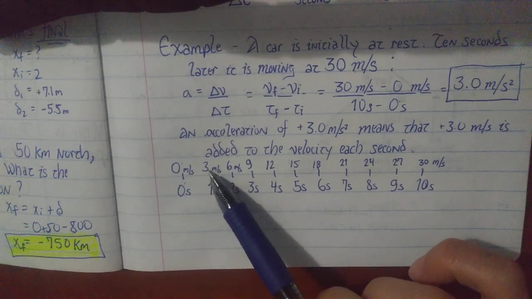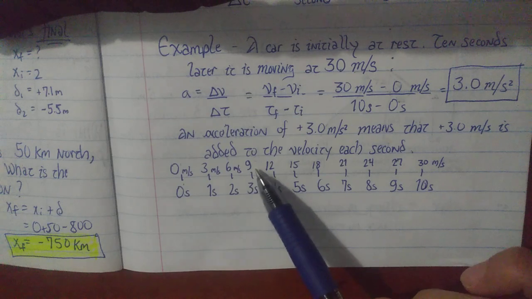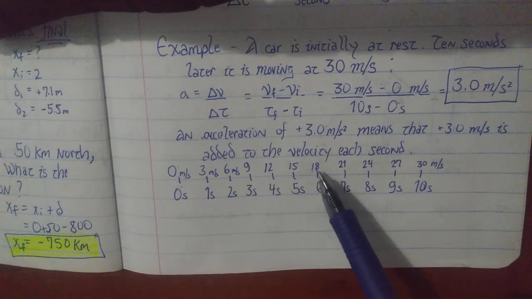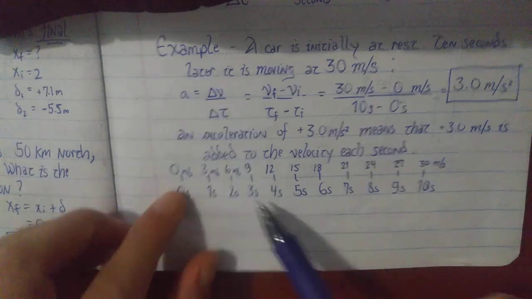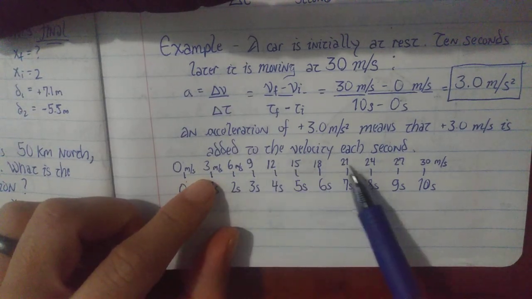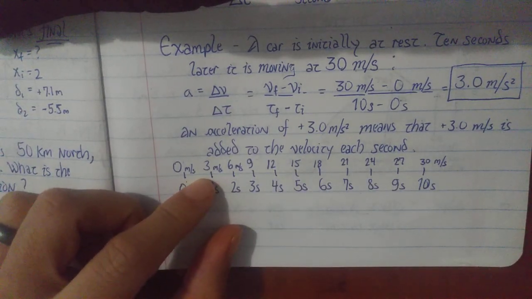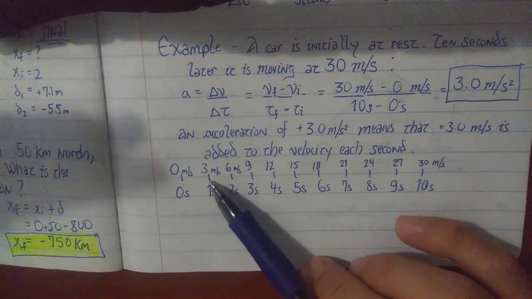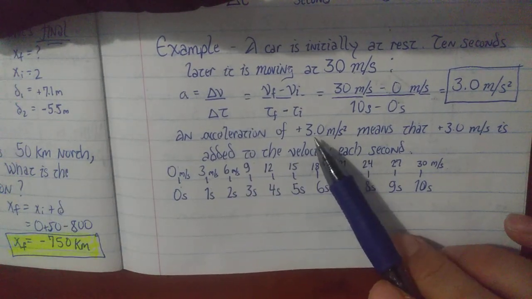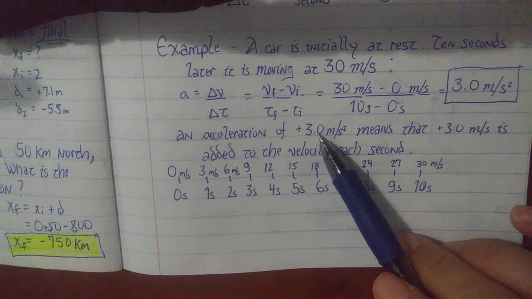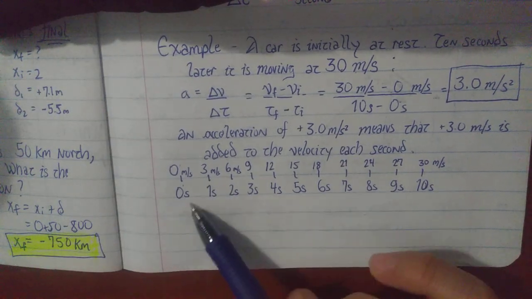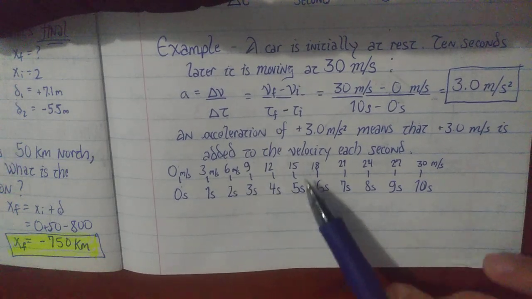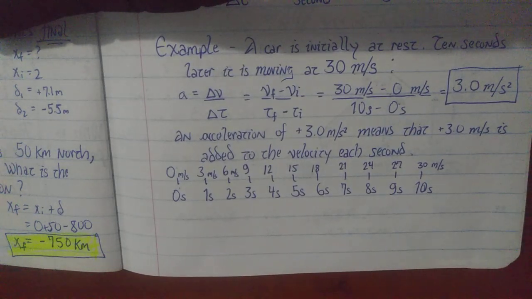And then now it's going to go faster. 6, 9. We add 3 each time. That's an acceleration. A constant velocity would just be 3 the whole way through, right? No change in velocity. With acceleration, we have a change in velocity. In this case, it's a change of 3 meters per second every second. So every second that goes by, you add 3. Not too hard, right?